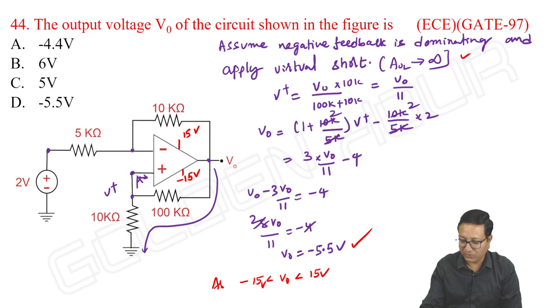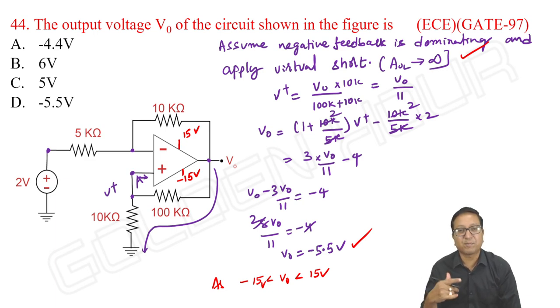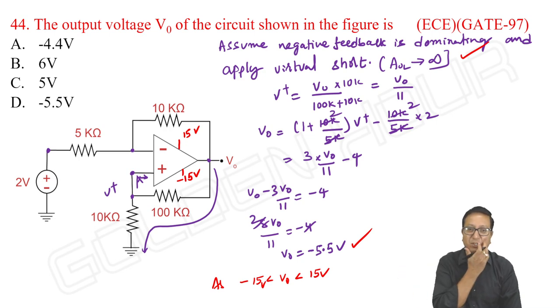Okay, our assumption is correct. Whatever I assumed, my assumption is correct. No doubt about it. Suppose during the calculations, if you get an output exceeding the plus or minus limits, then our assumption is wrong and we will settle to the possible value.